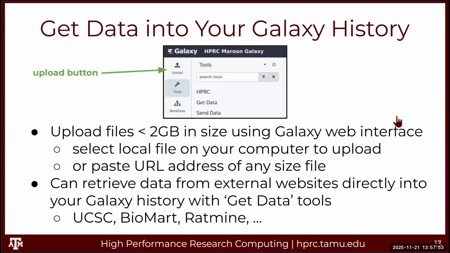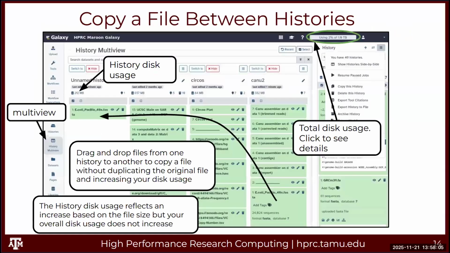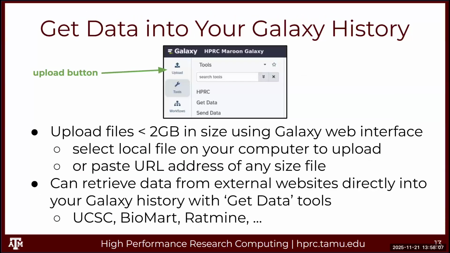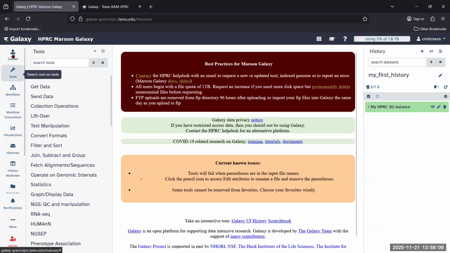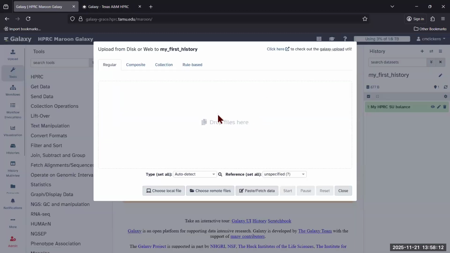All right. So uploading files less than 2 gigabytes, you can do that through Galaxy's web interface. Okay, so there's a few different ways. When you do upload, you're going to get this page here. So there's a few things you can do.